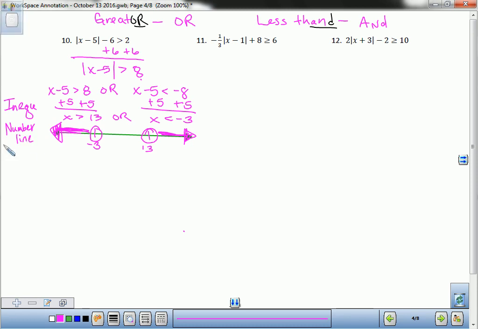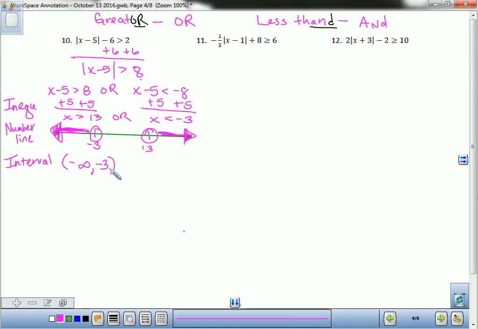Okay, the third possibility, and we've used this a lot, is the interval notation. And it's really easy once we have a number line because, look, this is going forever left, which is negative infinity, up to negative 3. Does it include negative 3? Is it filled in? No. Okay, if it's filled in, bracket. If it's open, parenthesis. Open, parenthesis, because there's no equal to.